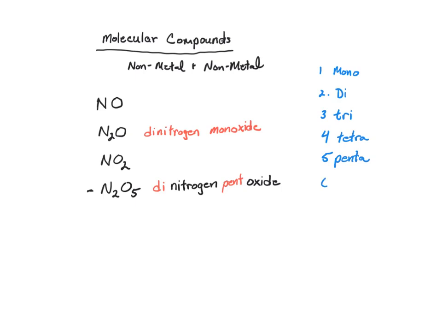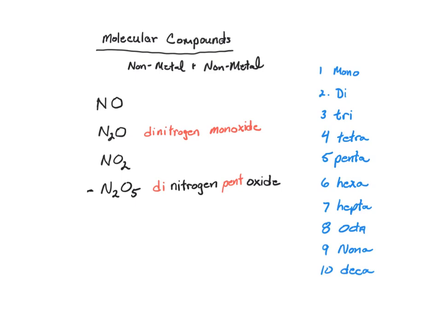So 6 is hexa. 7 is hepta. 8 is octa. 9 is nona. And then 10 is deca. And that's all you're responsible for, knowing 1 through 10. But there are prefixes that go all the way up into the 20s and 30s and beyond.